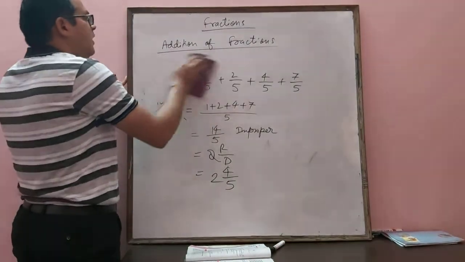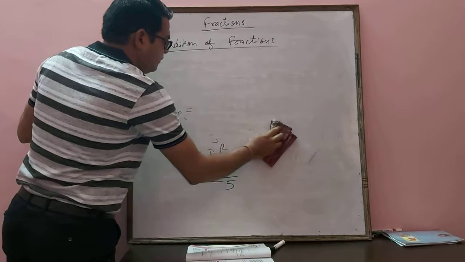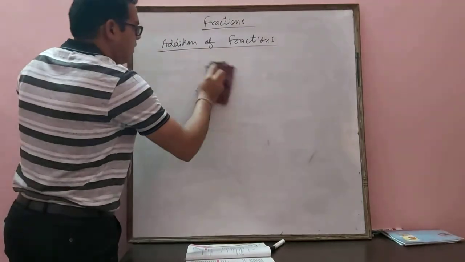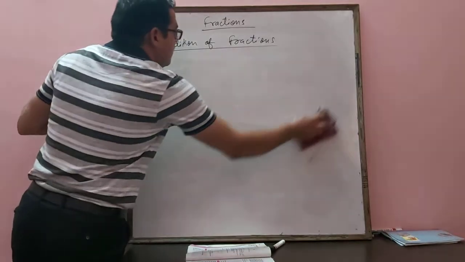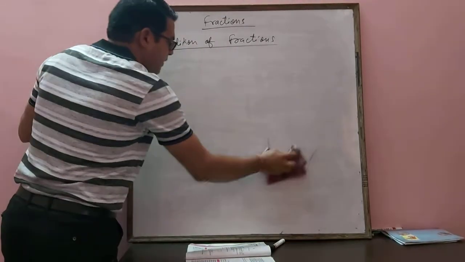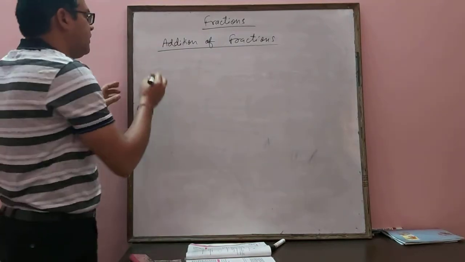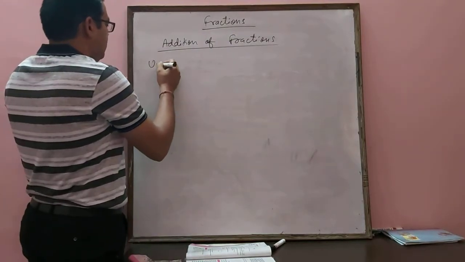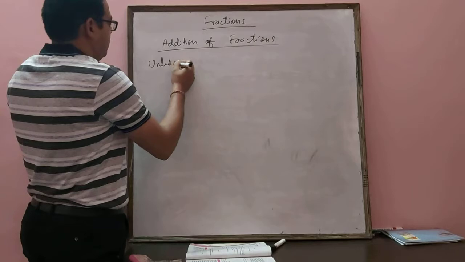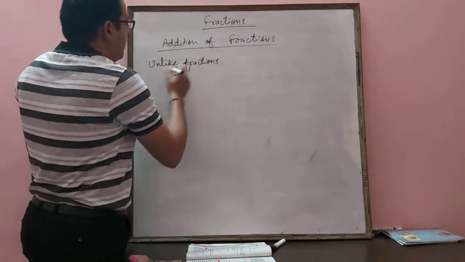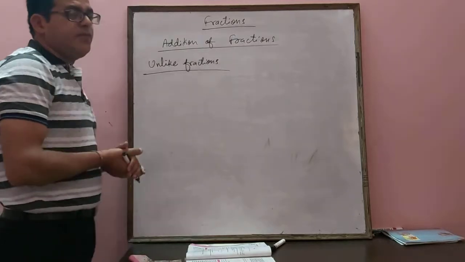Right. Now how can we add unlike fractions? Suppose we want to add unlike fractions.